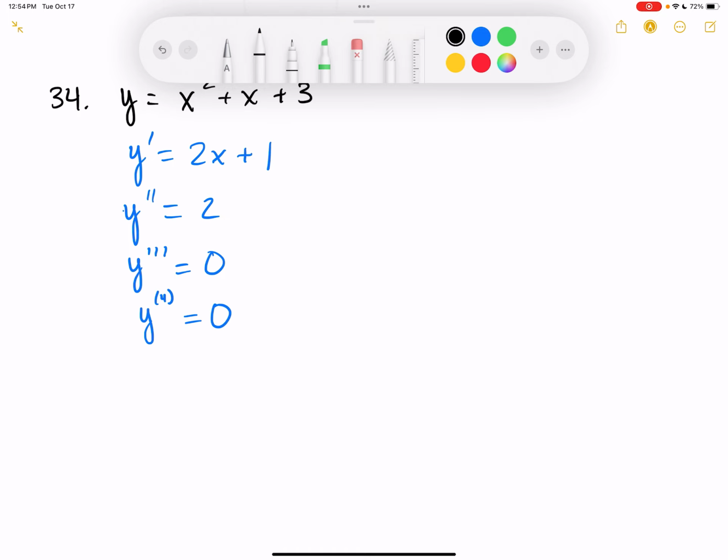Okay, 36. Y is equal to x plus 1 over x. So, I have here a quotient.